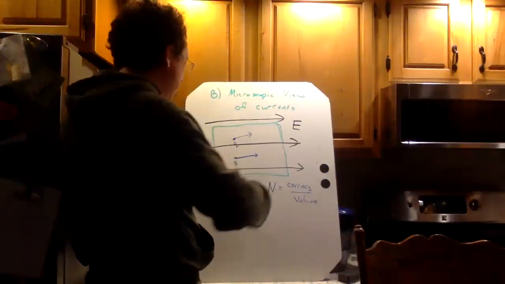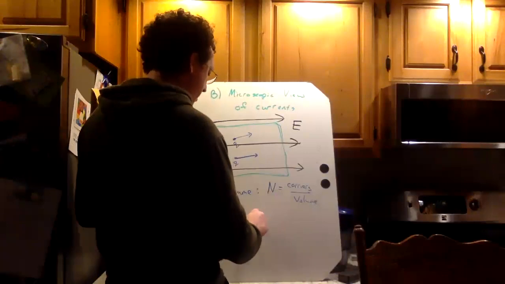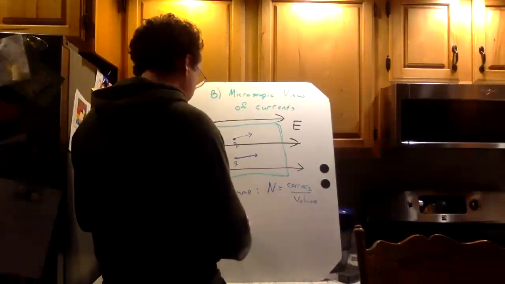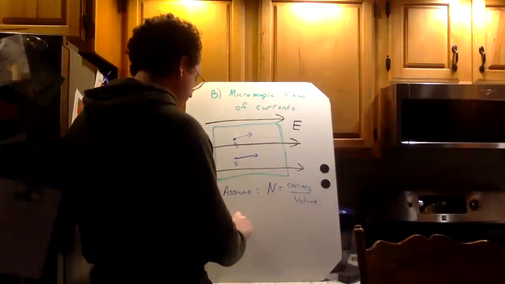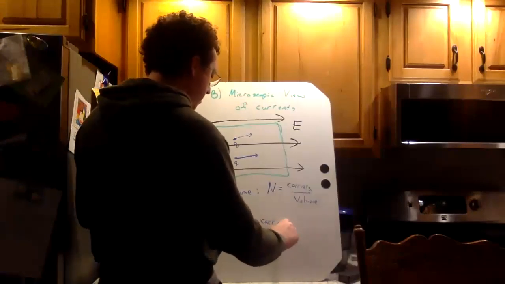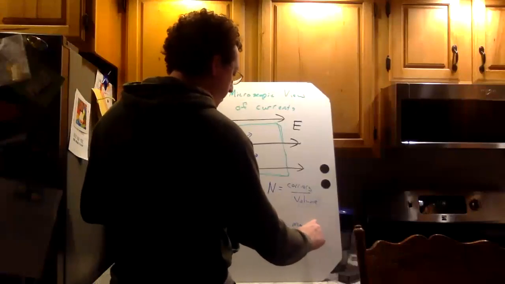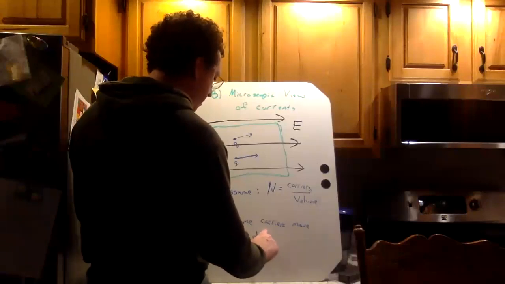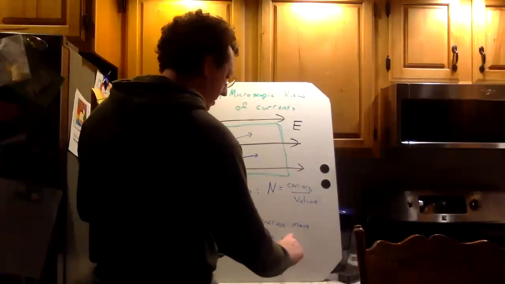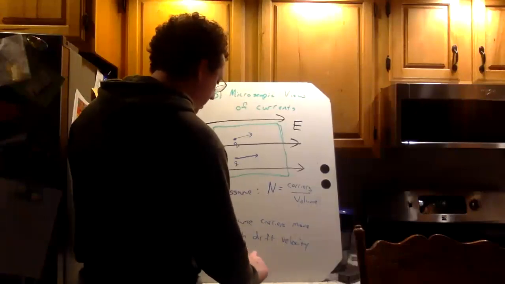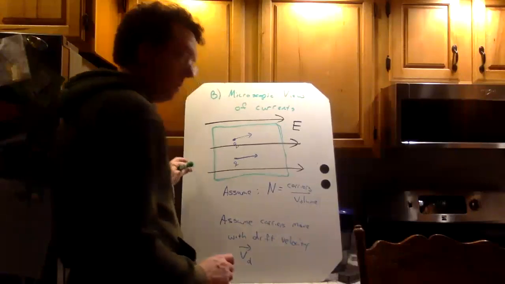So we assume carriers move with drift velocity Vd, with an arrow.